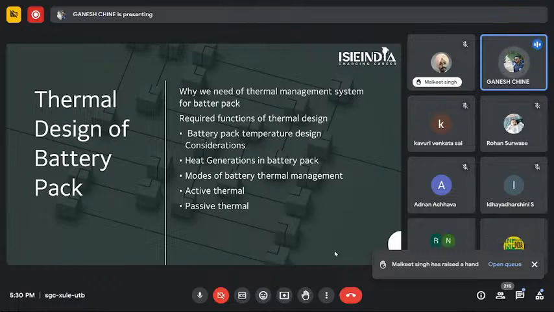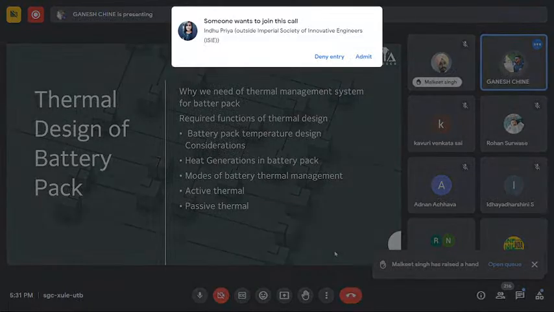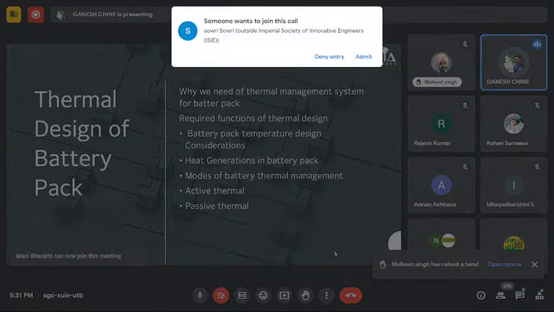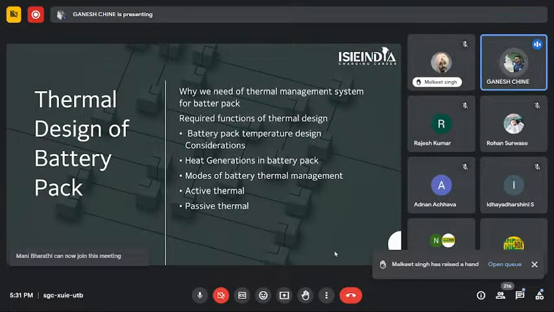Suppose that battery pack is operated at 50 degrees Celsius for 800 cycles, and the same battery pack we operate at 55 degrees Celsius. Its cycle life decreases. We get 550 cycles, and the capacity is 30%.